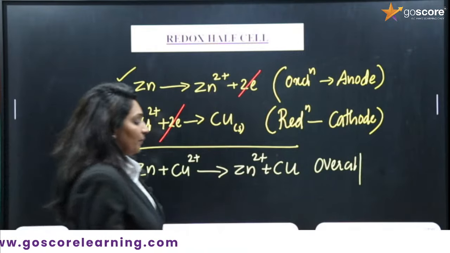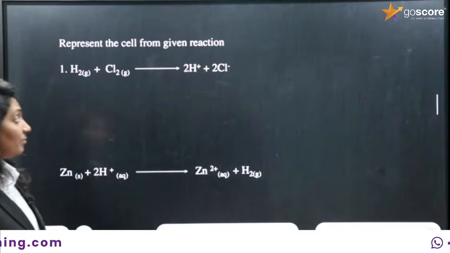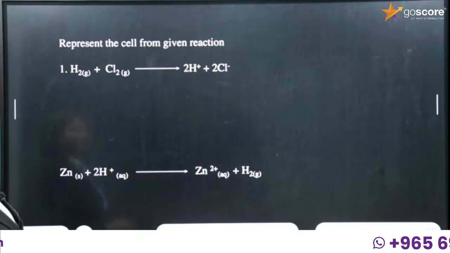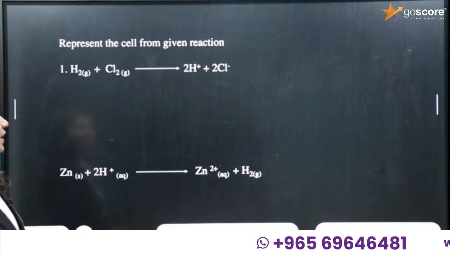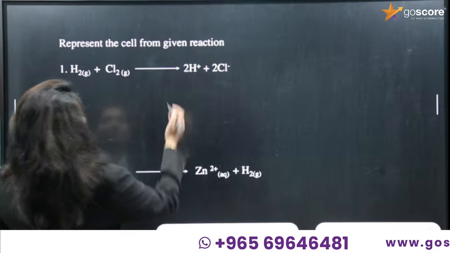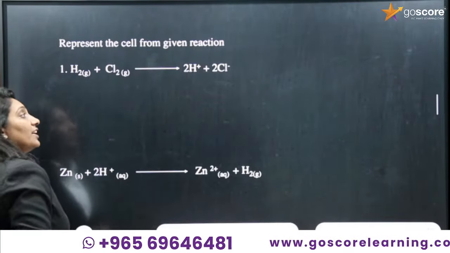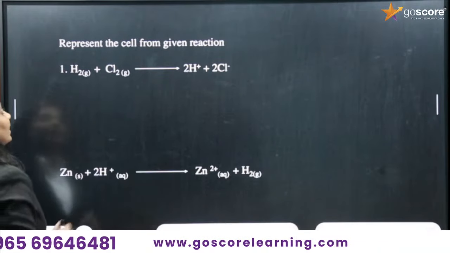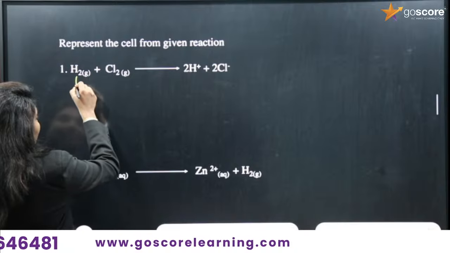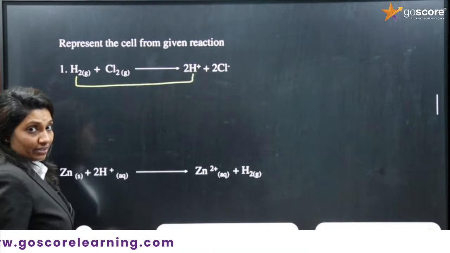Okay. Now see the last topic of this chapter, that is, you have to represent the cell from the given reactions. See here the first question: hydrogen plus chlorine gas giving 2H+ ions and 2Cl- ions. This hydrogen gas is changing into H+ ions, right?